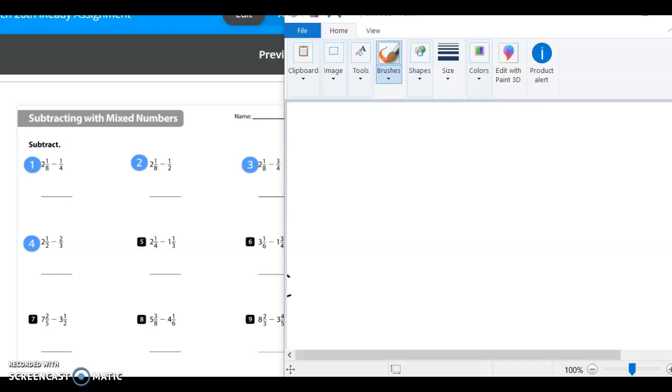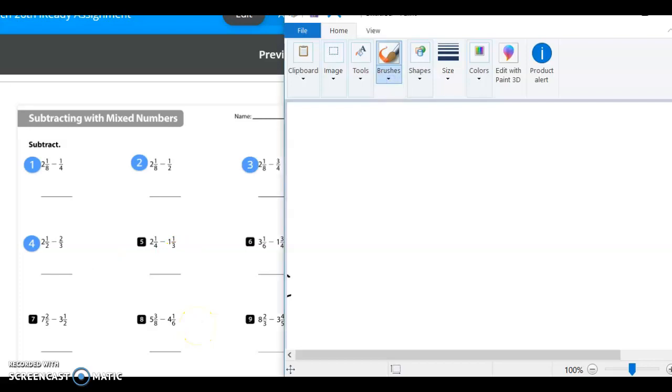You'll notice that we practiced doing subtraction of fractions yesterday and adding of mixed numbers yesterday. So today we're sort of blending those together and we are doing subtraction with mixed numbers. So I'm going to do number 5 and number 6 for you so that you should be able to do 1 through 4 independently.